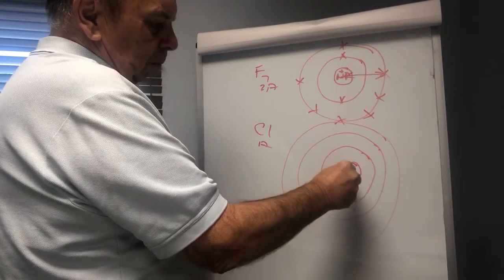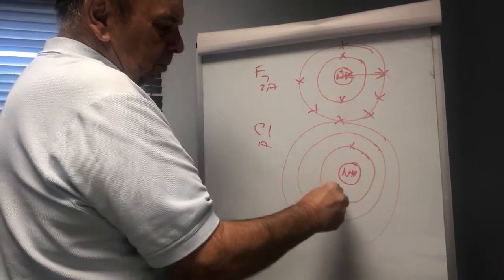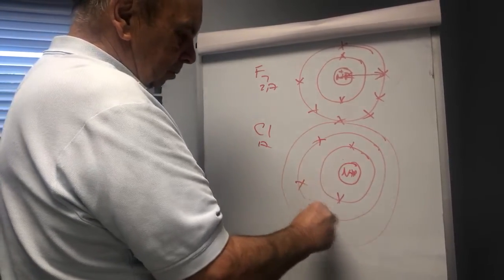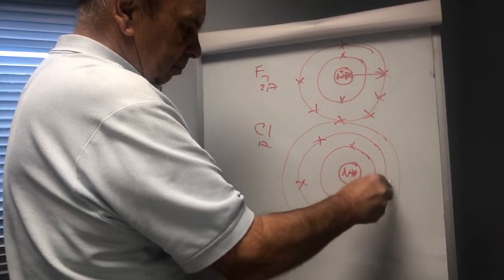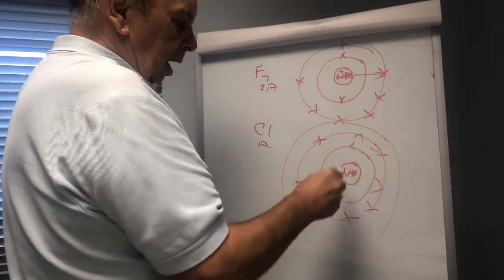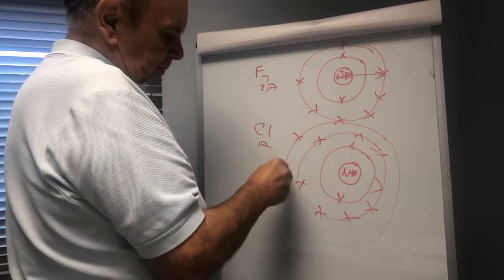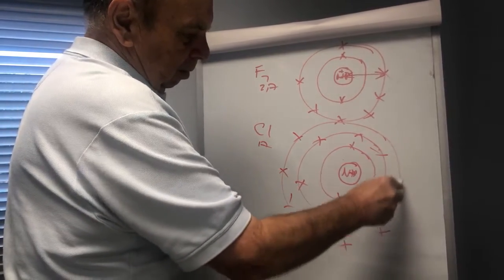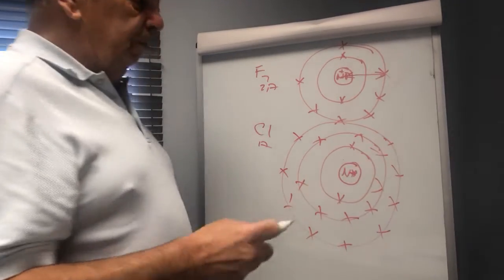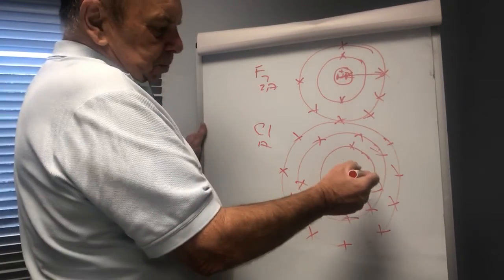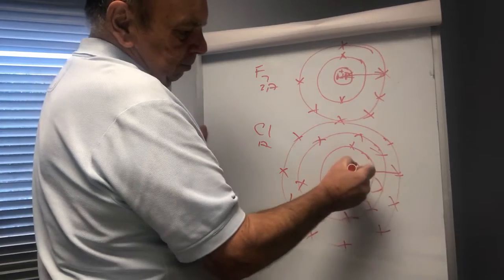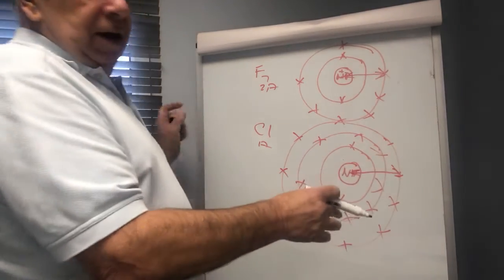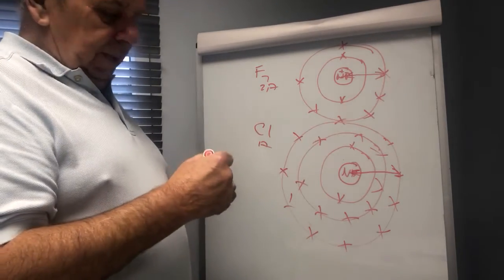Nucleus again, positive charge, 2, and 8, and 7. So the distance between that nucleus and the outer electron is further away.